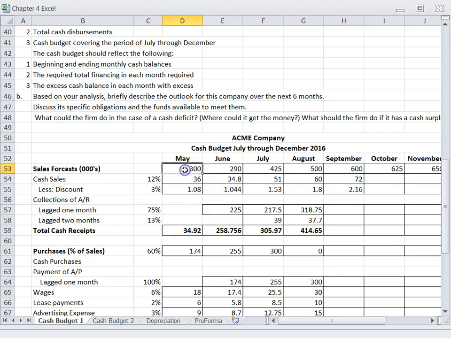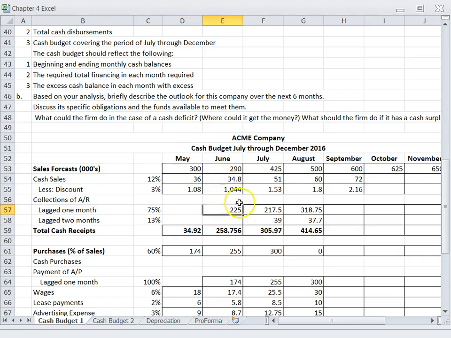So basically, think of what happens here: I made a sale, but they waited 30 days to pay me. So to calculate this factor, I need to take my previous month's sales. Remember this number, 225. I'm going to take my previous month's sales and multiply it by 75%. And you see I get the 225? What this is basically saying is that it takes a month to collect 75% of May's sales.